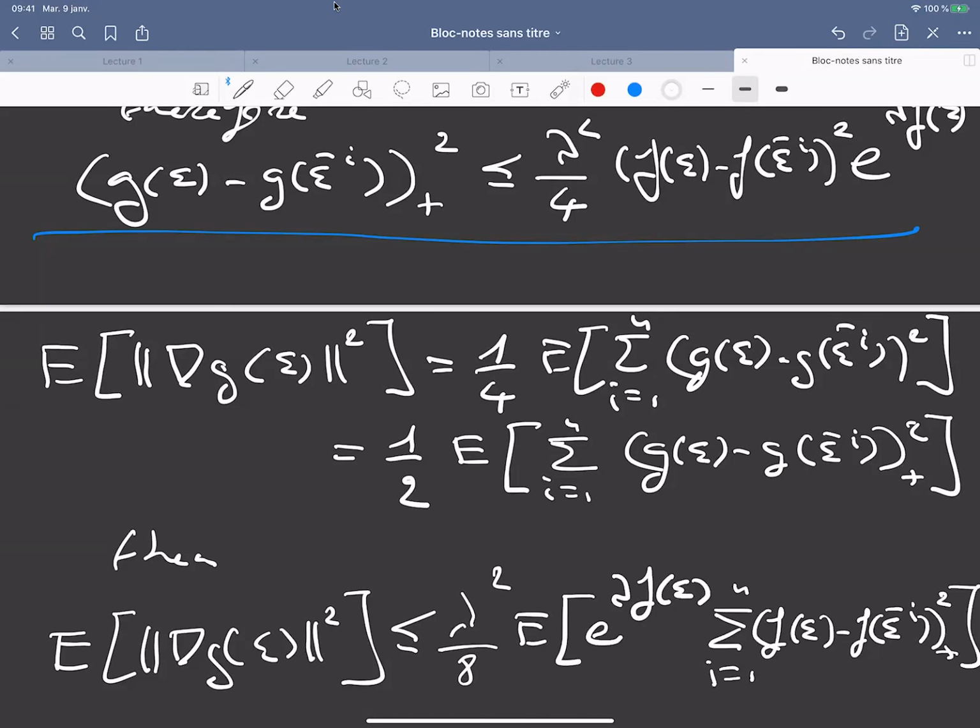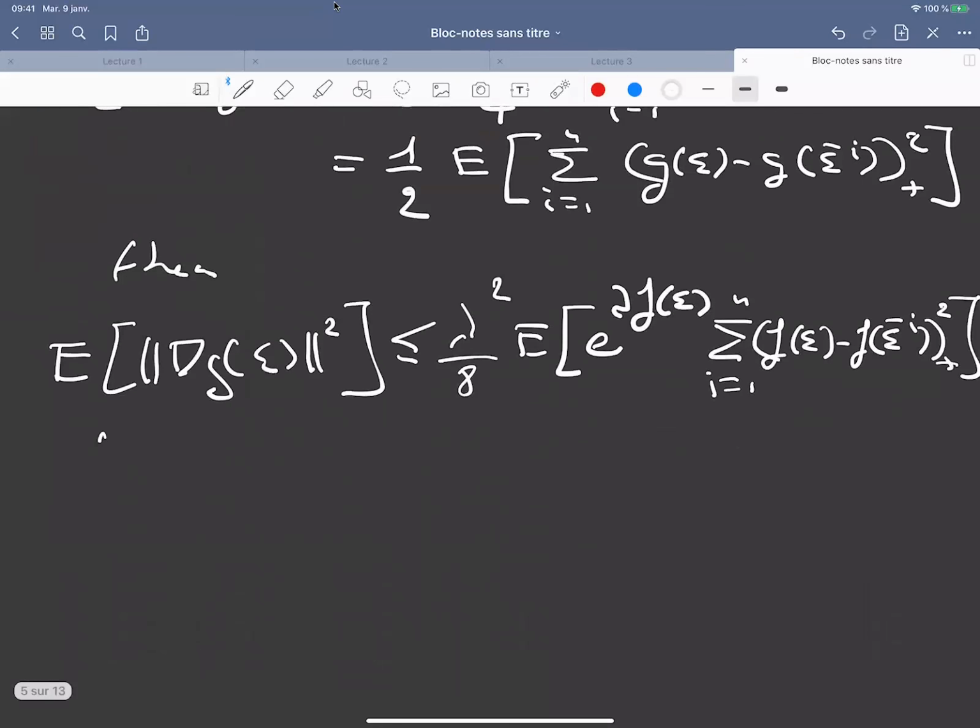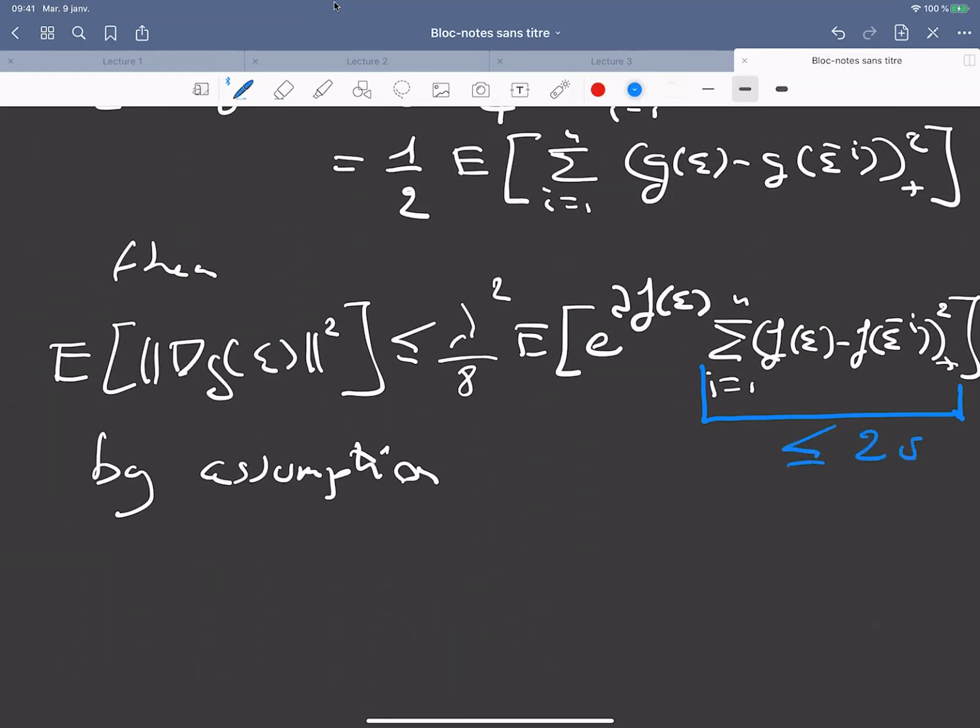And now we can use our assumption because we have made the quadratic variation appear here. So this is precisely the quantity which remains under control. So by assumption, it is less than 2v.